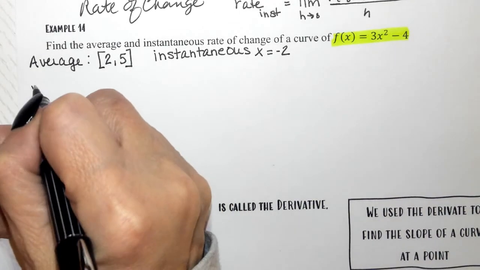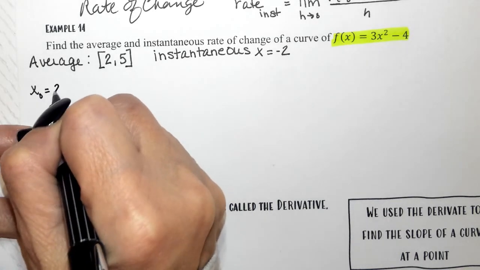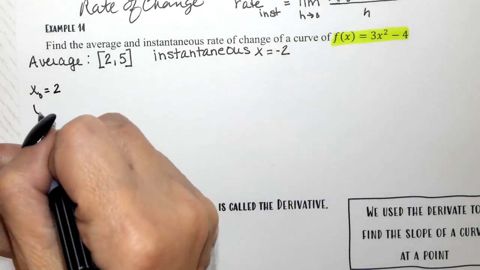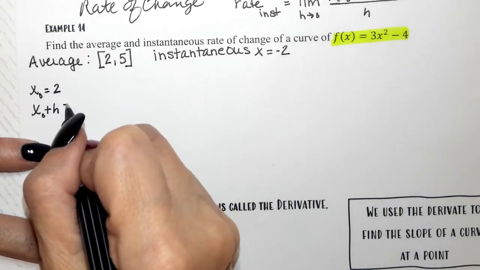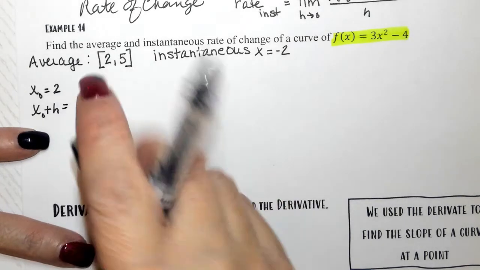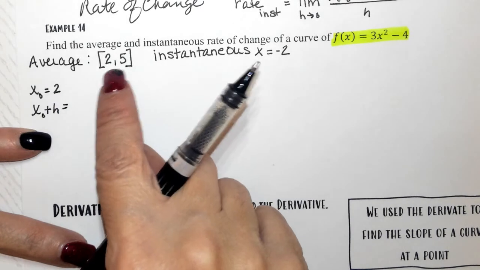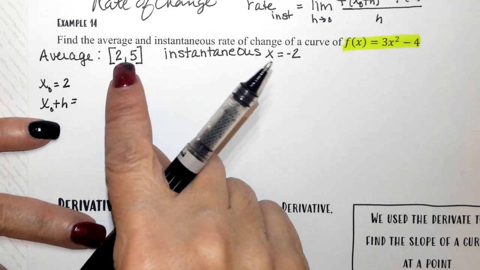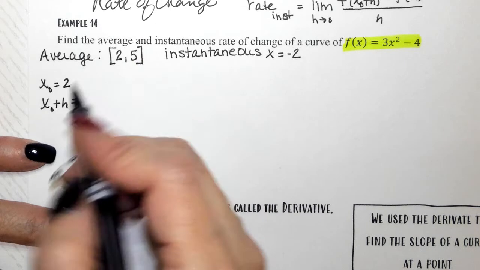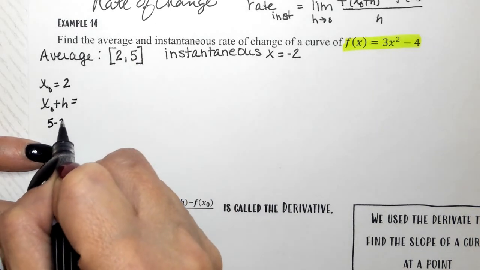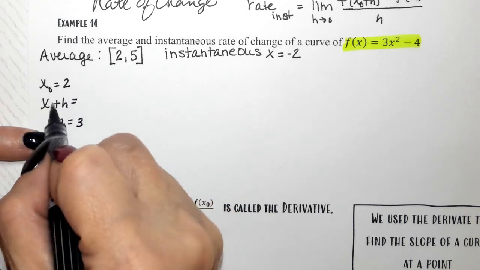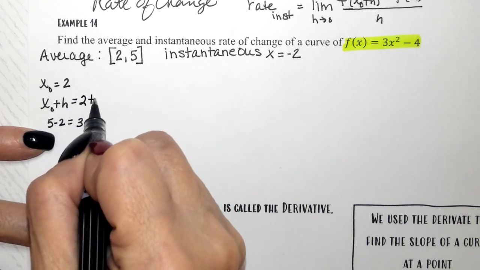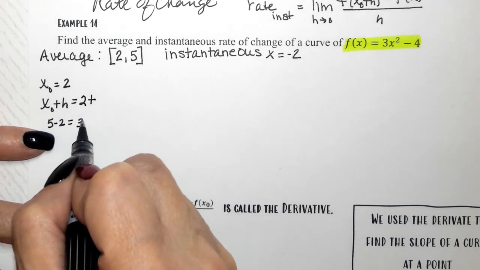All right, so we're going to say x naught on this first one is 2. And we'll say x naught plus h, x naught plus a little bit, what is h going to be? Remember, we're going to have to look at the distance here. How much time elapsed? Well, from 2 to 5 is 3. That means we're going from x naught, which is 2, plus how much would h be?